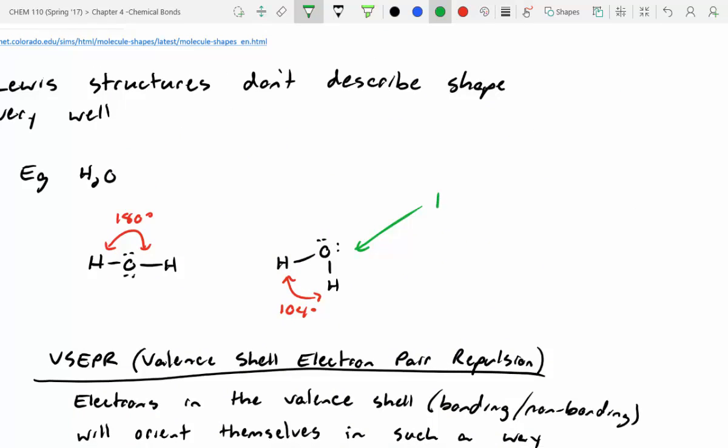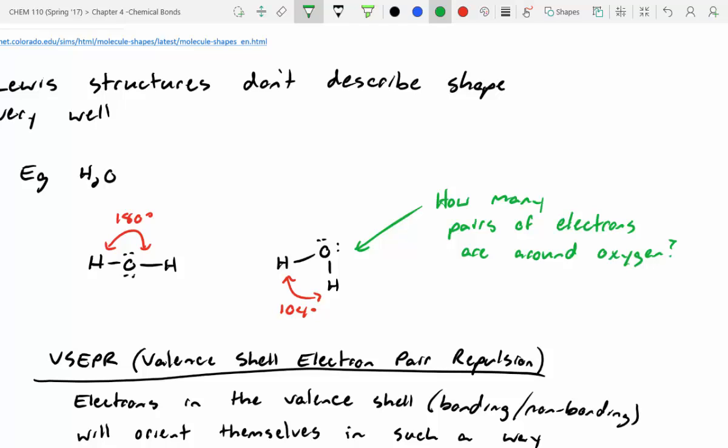So the question is, how many pairs of electrons are around carbon, or around oxygen, sorry. How many would we have? So we want to count pairs. 4, right?